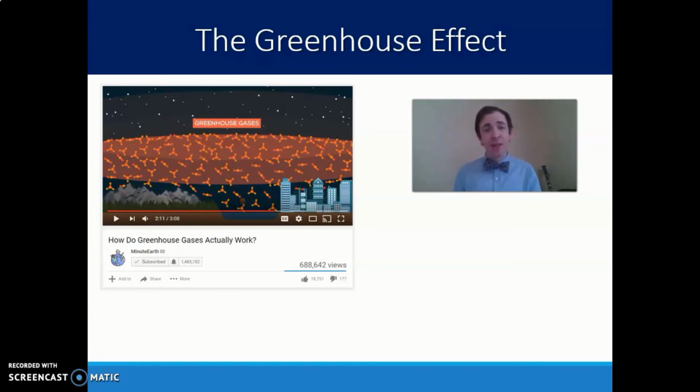But carbon dioxide in large quantities starts to affect the delicate balance of our atmosphere. So if you get too much carbon dioxide to throw off that balance, you get a runaway greenhouse effect. Now, some greenhouse effect is good, but too much starts to mess with our energy balance here on Earth and starts to heat up the world.